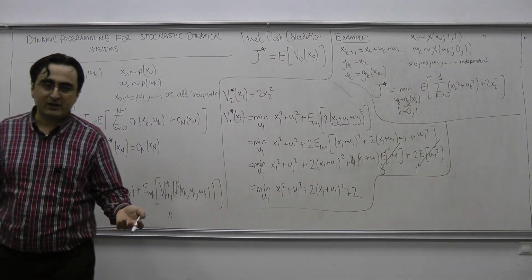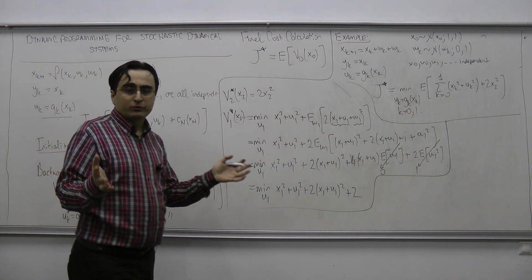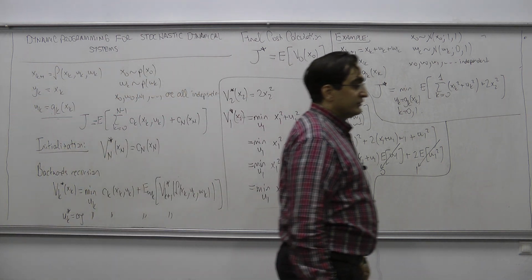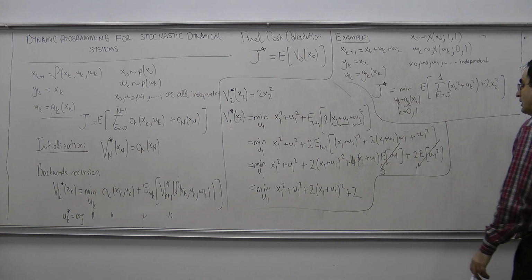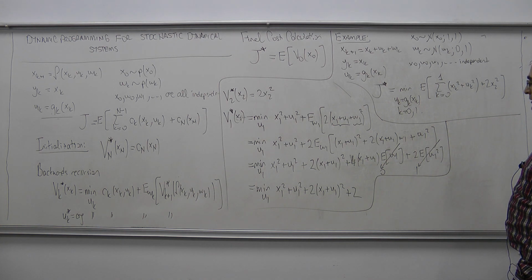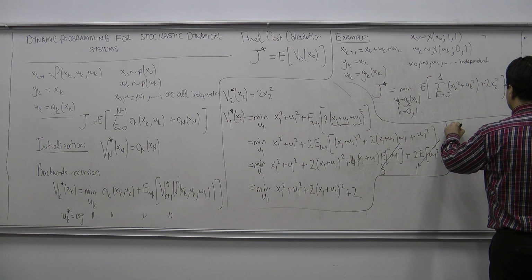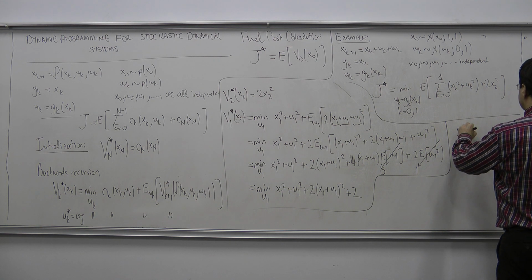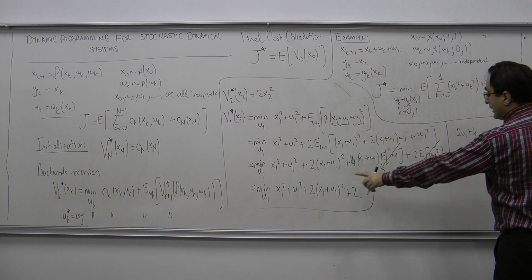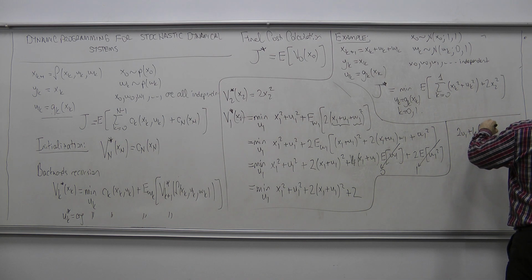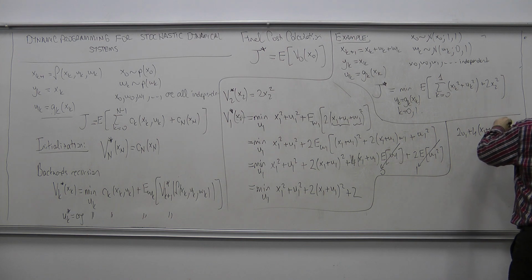If a constraint is given, then you have to consider also whether the optimization result ends at the boundaries or not. Okay? So here, let me take the derivative with respect to u1. It is 2 u1 plus 4 (x1 plus u1) equal to 0.